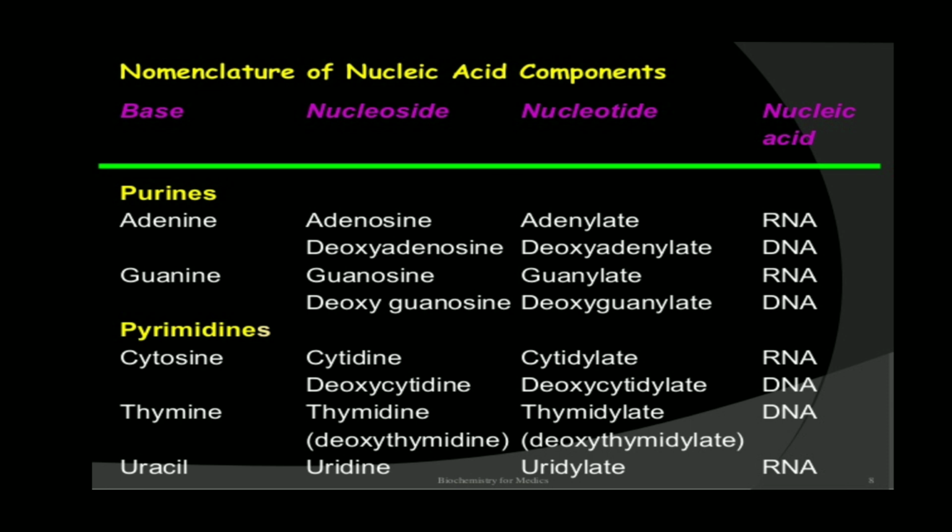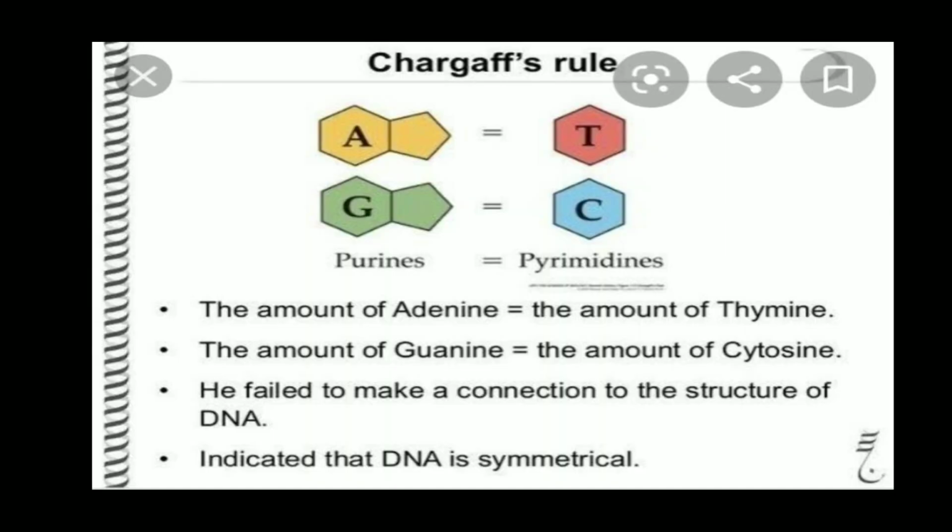In case of uracil, when it's present in the nucleoside form, you will call it uridine, and when a phosphate group attaches, it turns into the nucleotide uridylate, and it's found in the RNAs only.